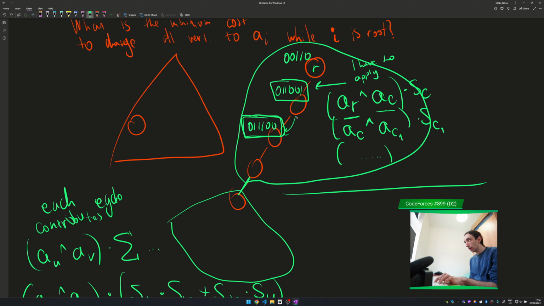Pre-calculate. So for each node, you want to calculate what will be the subtree if some other node is the root, right?